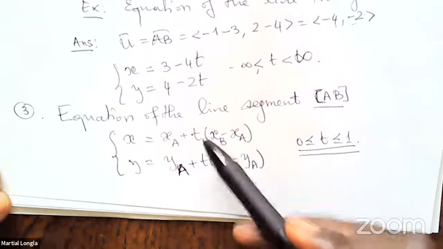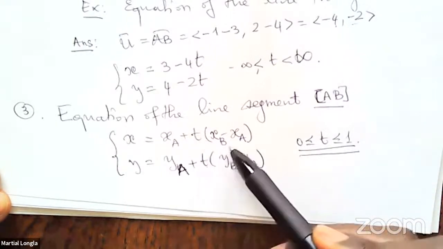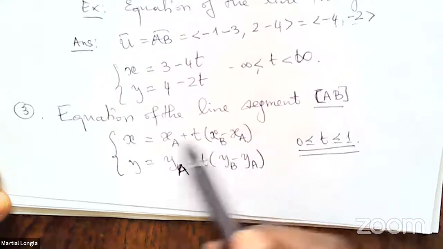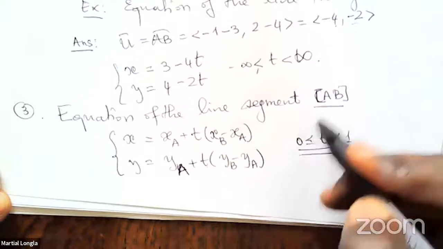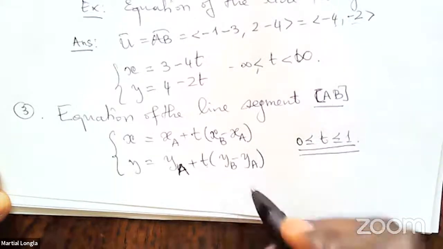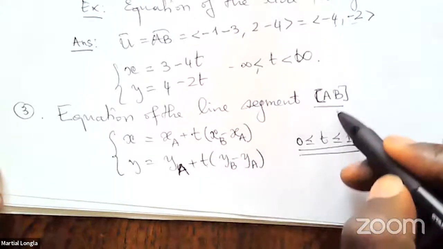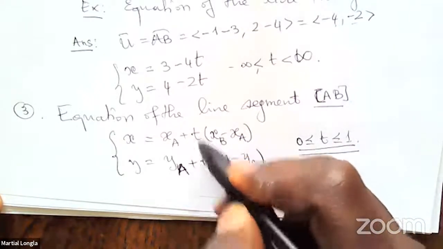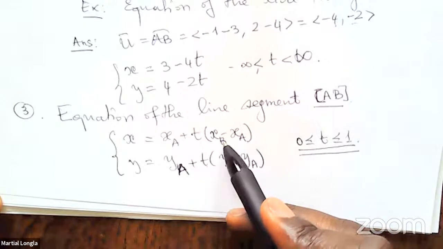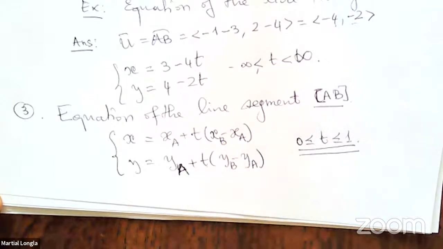And then you can see that when you plug in 0 for t, you get xA and yA. So when t equals 0, you get the point A, and it moves all the way to B when t is 1. When you plug in t equal to 1 in this formula, you obtain xB and yB.